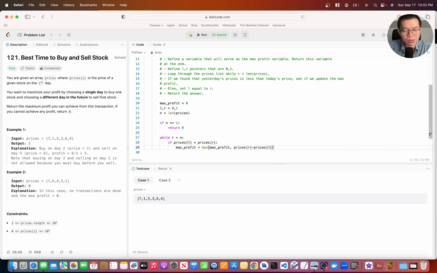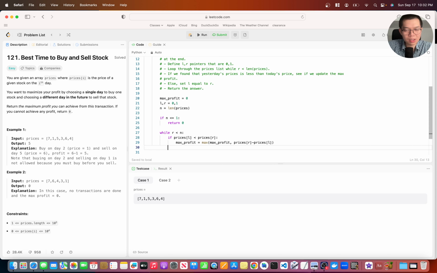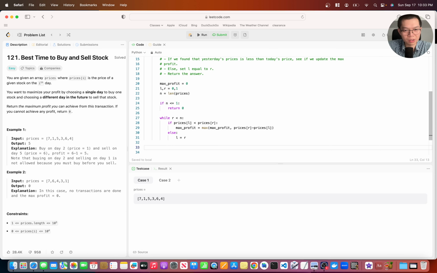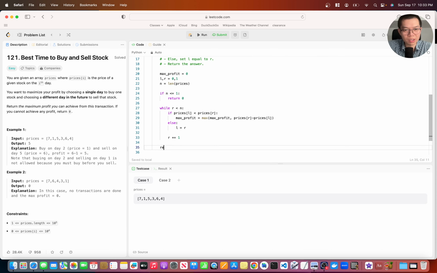So that's what it is. And then else, this is what we're talking about. The left pointer will always point at the lowest price, but if the right pointer points at a price that's even lower than the left, then you have to do L equals R. The right pointer is always going to increase, and then you return the answer.